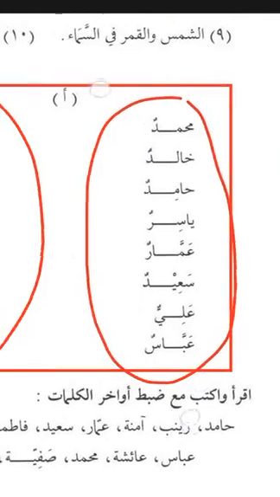Damma tanween. Muhammadun, Khalidun, Hamidun, Yasirun, Ammarun, Sa'idun, Aliyun, Abbasun. Those indicate that they are male's names and personal nouns.